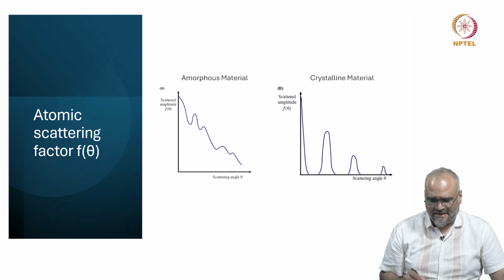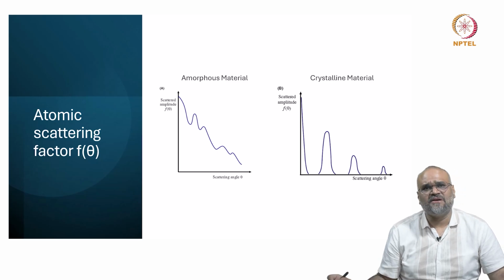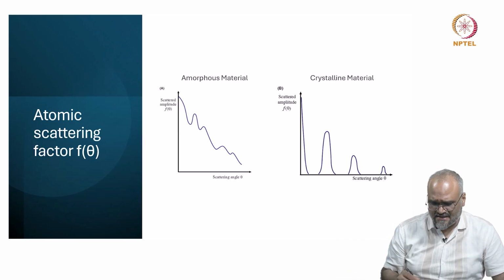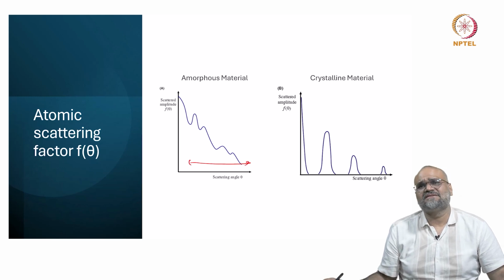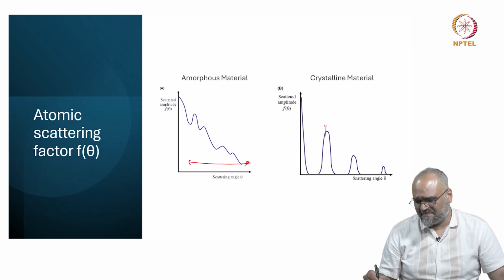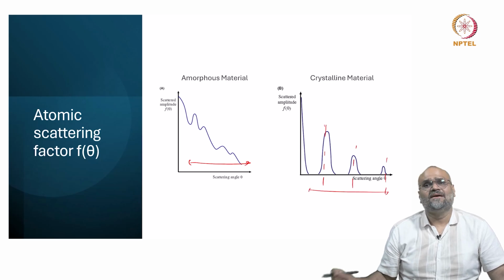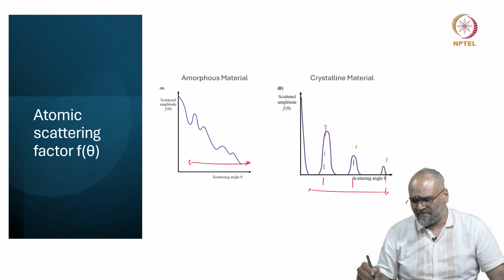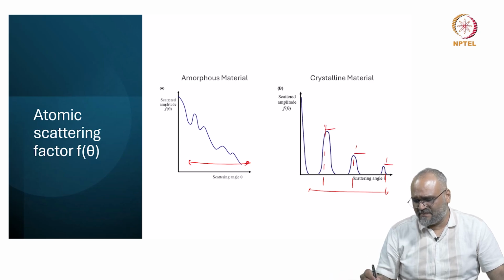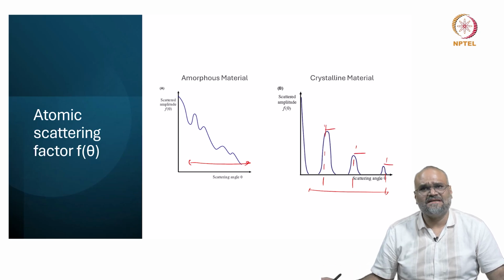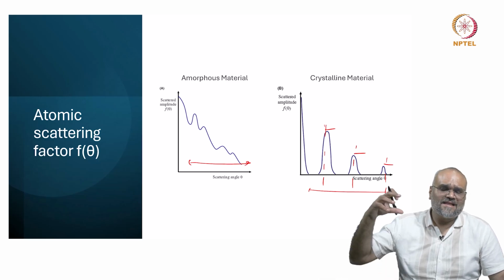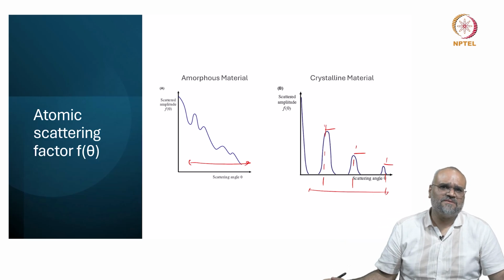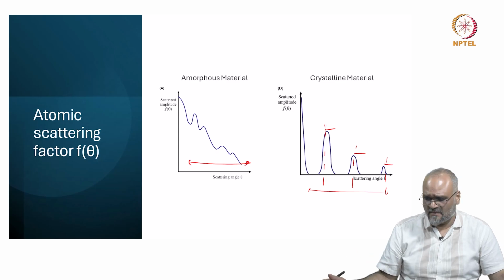For an amorphous sample, you would see that the scattered amplitude as a function of the angle of scatter would be rather diffuse of this form, whereas for a crystalline material, at some specific periodic locations, you would get variations in the intensities, and the height of these peaks or the value of this intensity would actually be related to the way the atoms are arranged within a crystalline sample, and that is what we saw in the previous slide.